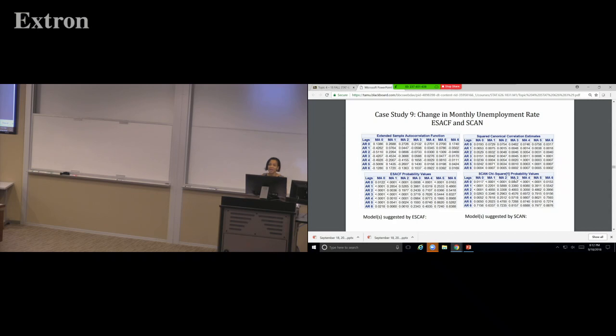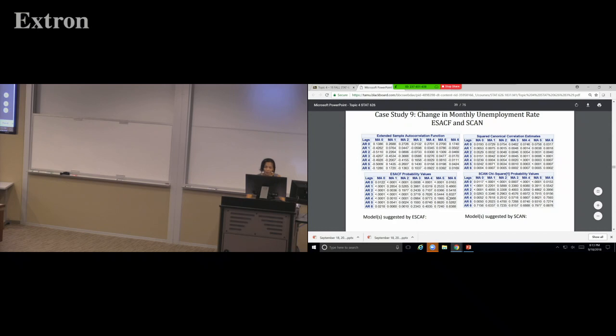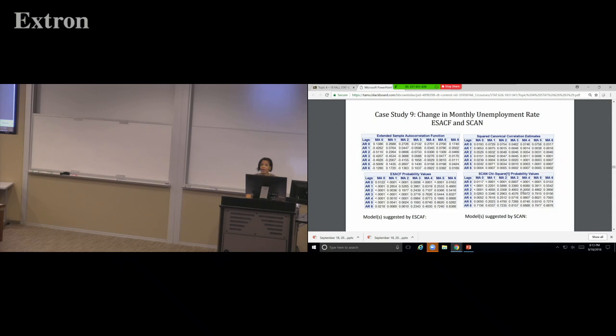You can jump into a scan table and grab out the upper left-hand corner of the rectangle of non-significant values a lot easier sometimes than finding the right triangles on the extended sample autocorrelation function. So let's start with the scan, okay? For the scan probability, we're looking for a rectangle of non-significant values.